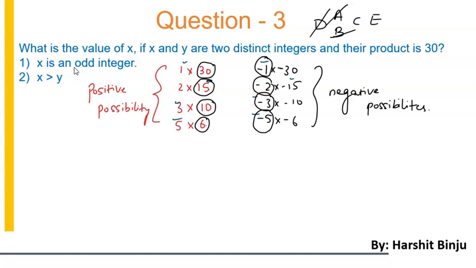But if you would have written only the positive possibilities, then x being odd and x greater than y, there would have been only one possibility, which is 2 into 15. And you would have marked your answer as C, fallen into the trap of not taking the negative numbers into consideration, and you would have got the wrong answer.